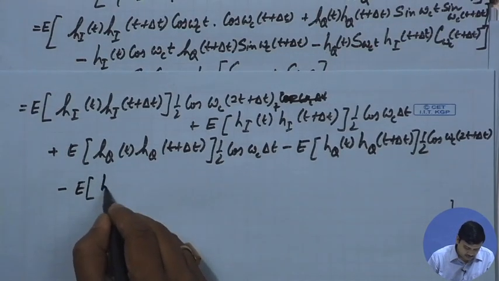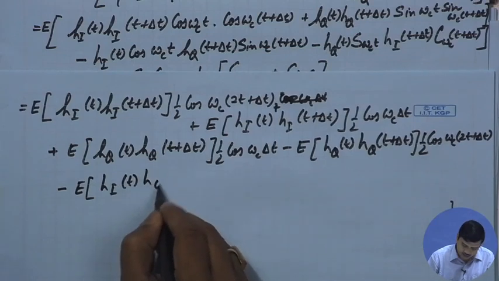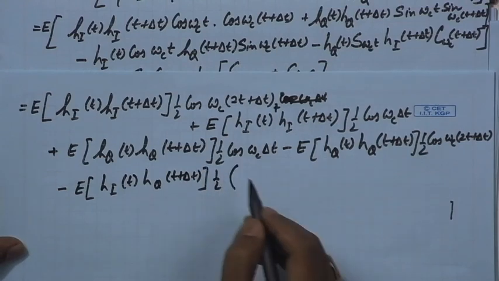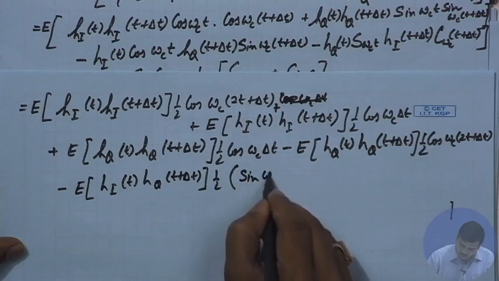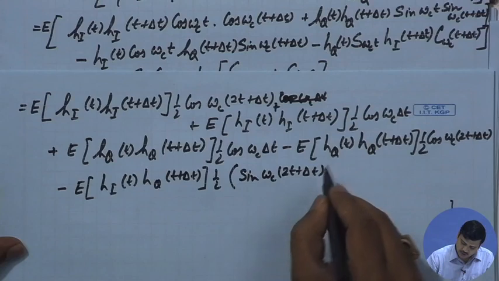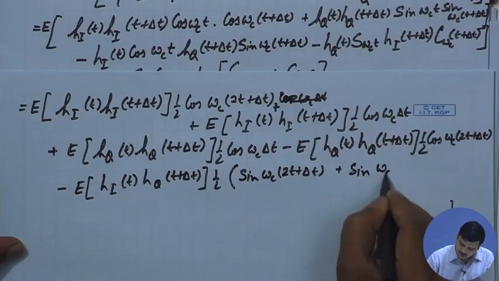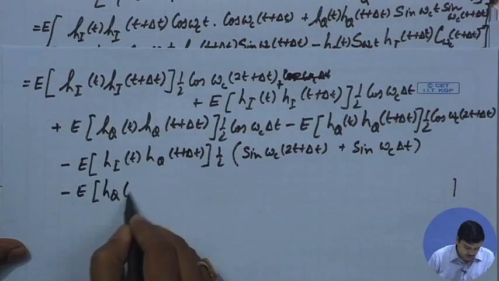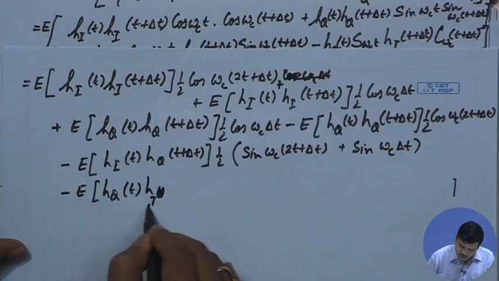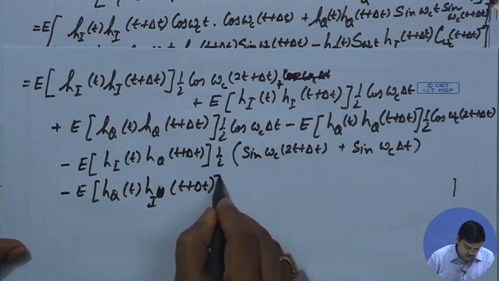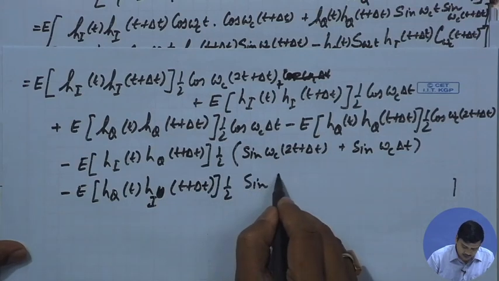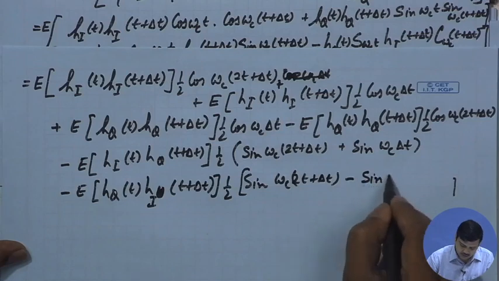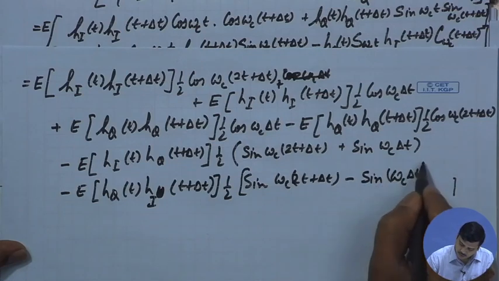So what we have is E of h_i of t h_q of t plus delta t, and we will write in short in this occasion, that is sine omega c (2t plus delta t) plus sine omega c delta t, and the last expression again we will combine: h_q of t h_i of t plus delta t, half sine omega c (2t plus delta t) minus sine of omega c delta t.